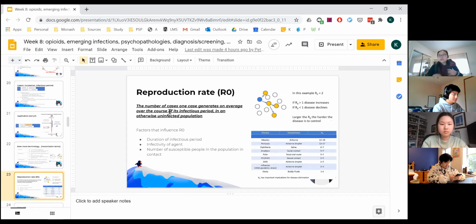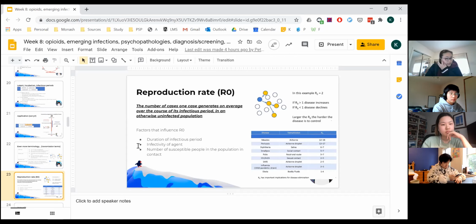So using that logic, if your reproduction rate is greater than 1, so if I pass on the disease to more than 1 person, the number of cases is going to increase. Whereas if the reproduction rate is less than 1, the disease declines. So the larger the R0, the harder the disease is to control. There are a few factors that influence R0: the duration of the infectious period, the effectivity of the agent, the number of susceptible people.